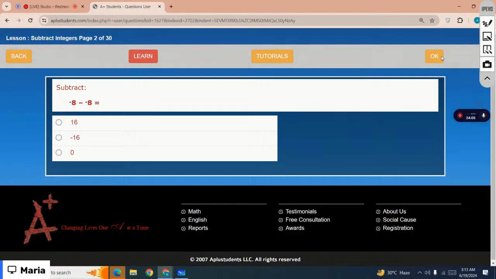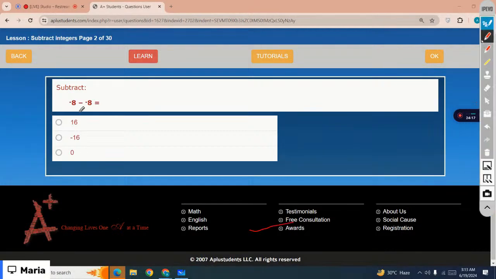-8 minus -8, right? Subtracting a negative integer is the same as adding. So that would be -8 plus 8. So -8 plus 8 is 0. Why -16?